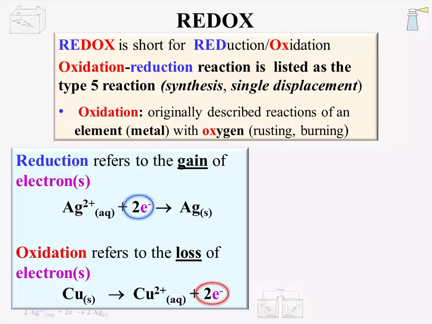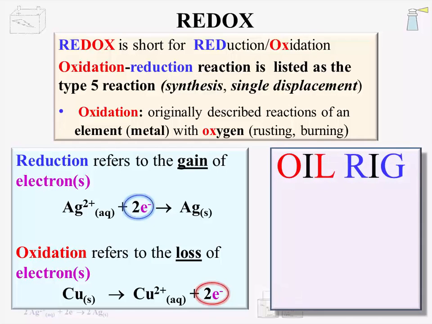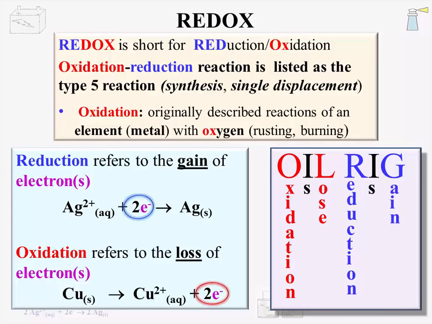The direction of the flow of electrons can be confusing, but there are some helpful acronyms for keeping the connection between oxidation, reduction, and loss, gain straight. There is OIL RIG. It is the first letter of each word in: oxidation is loss and reduction is gain.